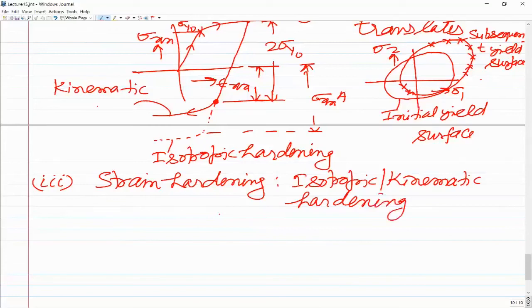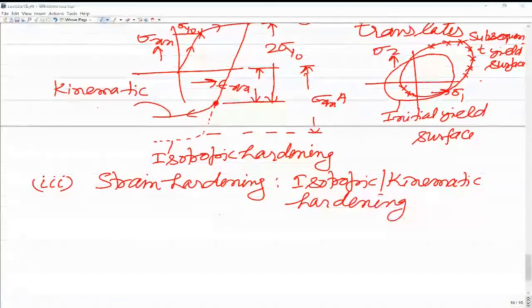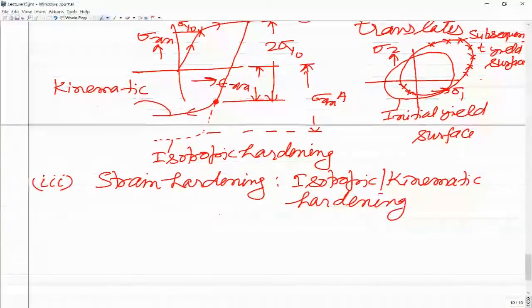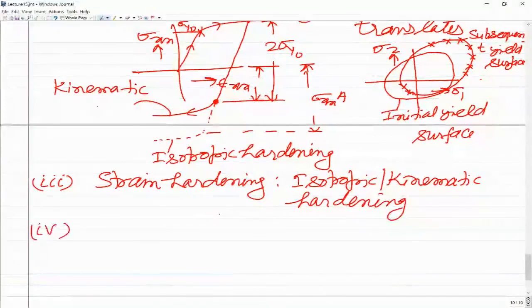Then another important thing, let me take a few more minutes so that I complete this. The fourth important concept: when I wrote the incremental stress, I wrote it in terms of incremental strain and incremental plastic strain.